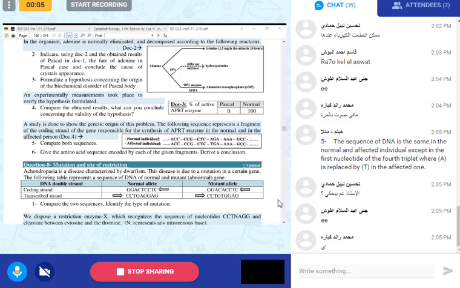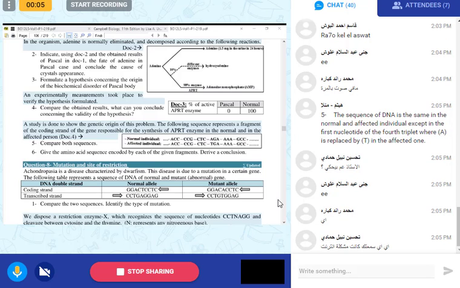Do not say only that it is a mutation by substitution of A by T, no. You have to say exactly where it happens. Here, in the fourth triplet, the first nucleotide A is replaced by T. Okay?